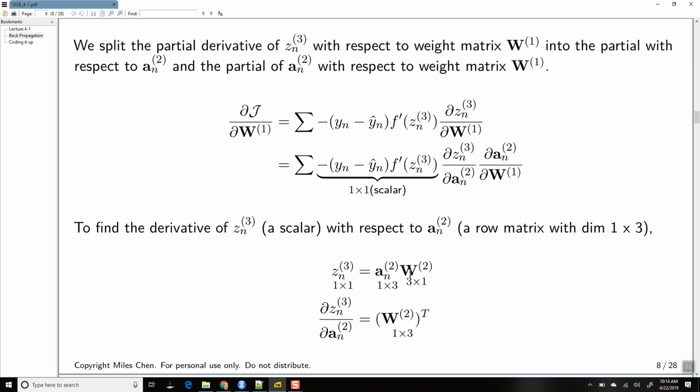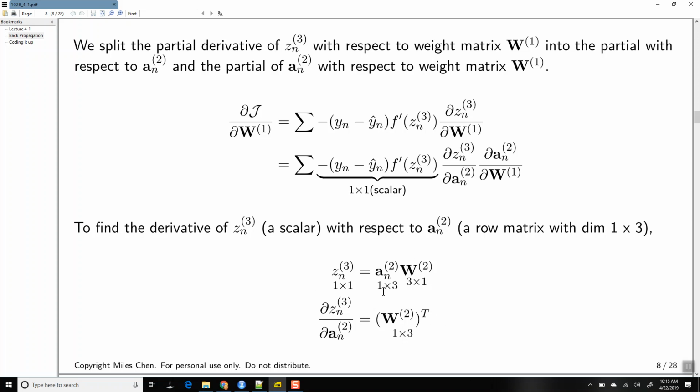It's just a product of these two things, but we're going to have to transpose it so that the dimensions align, right? Because if we take the gradient of z with respect to An, the result needs to be 1 by 3. And so W2 is 3 by 1, so I need to transpose that to turn it into a 1 by 3. Okay.